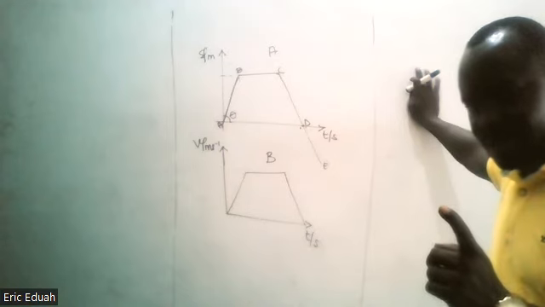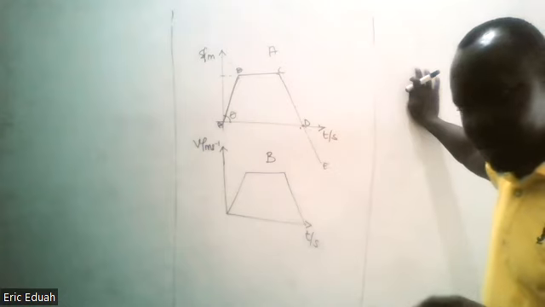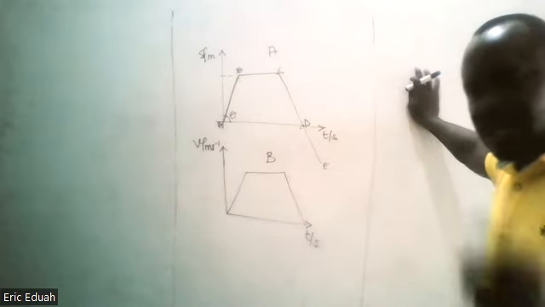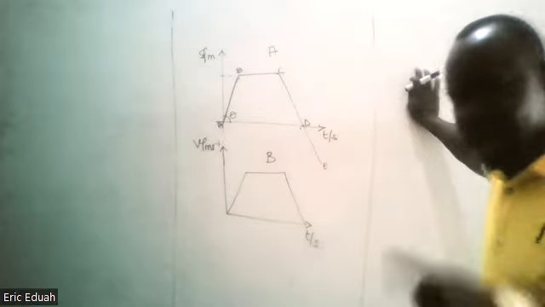A body started from rest. Very, very important. It tells you that the body's initial velocity is 0.